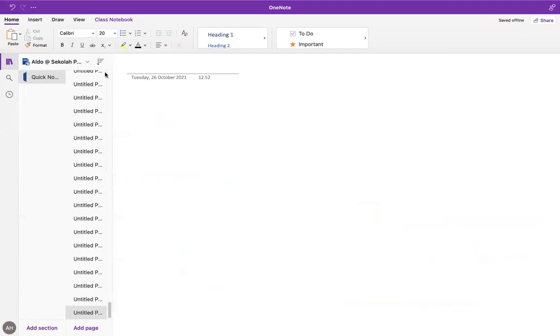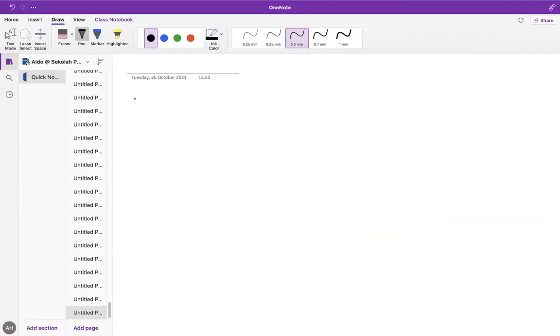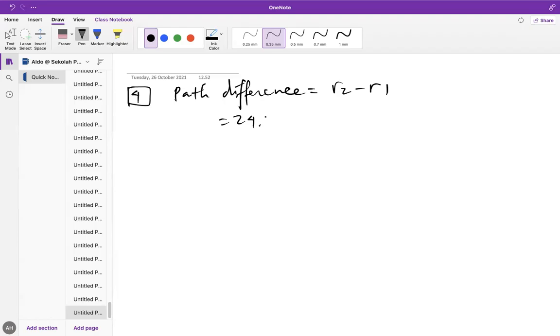Okay, so number 4. So the path difference, as I said to you, is R2 minus R1. In this case, it is 24.3 minus 22.5 meter, which is 1.8 meter.